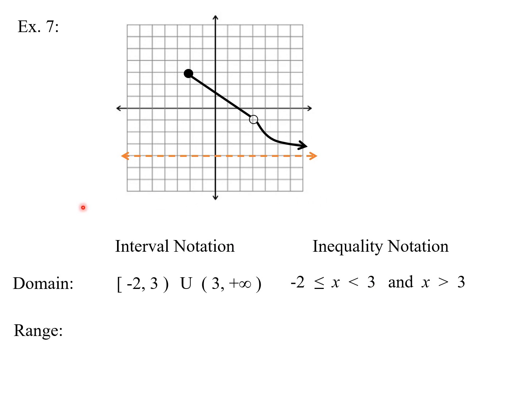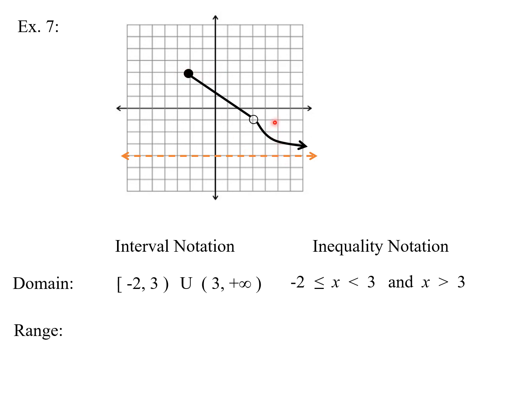For the range, starting here, bringing up a horizontal line, that dashed line actually indicates an asymptote at y equals -4. So the graph never really gets to -4. So that's going to be a non-inclusive boundary. It goes up until y equals -1, and kind of skips over that, right, because of the open circle. And then it has values all the way up to y equals 3. So there are two parts to this also.